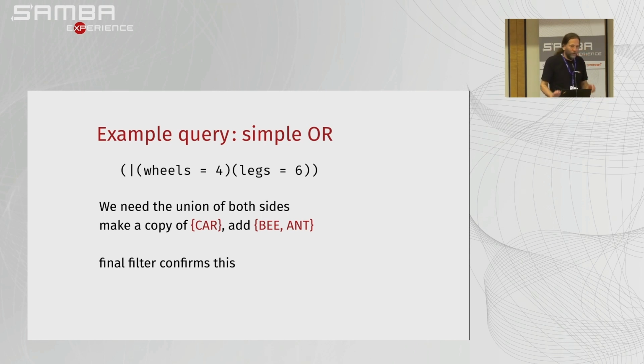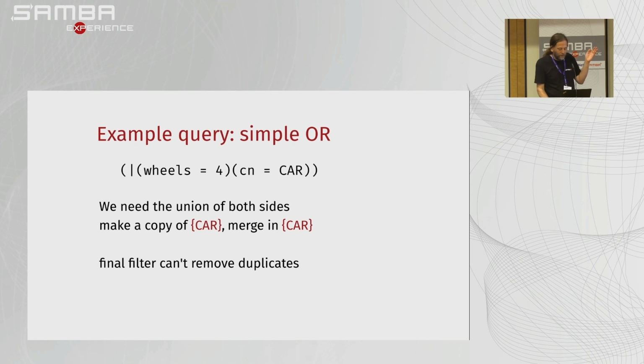Now, with an OR, you need the union of those two things. So this should get the car and bee and ant. And so there's no shortcut with an OR. When you're finding your results, you have to actually merge them in.